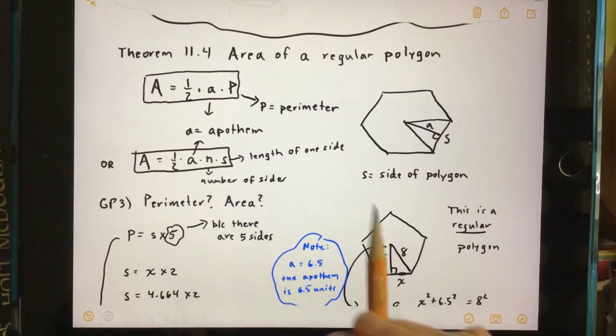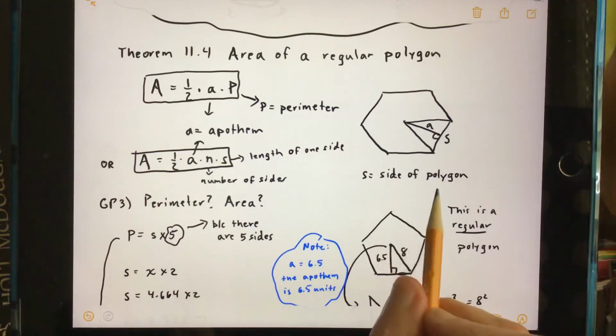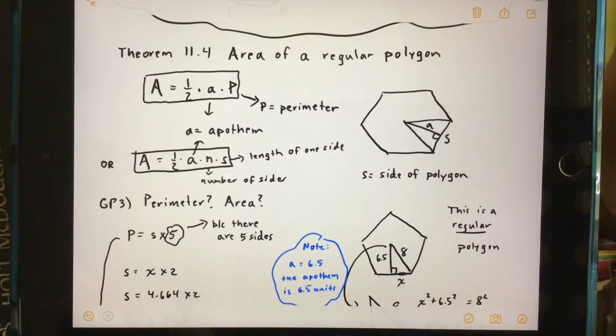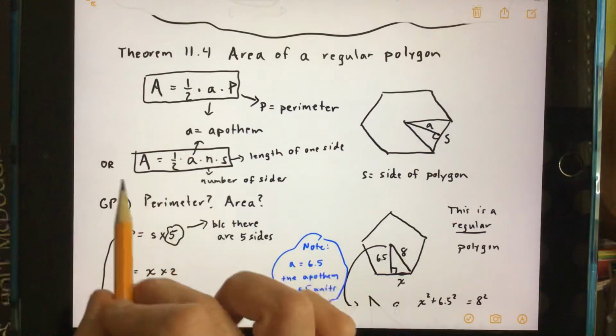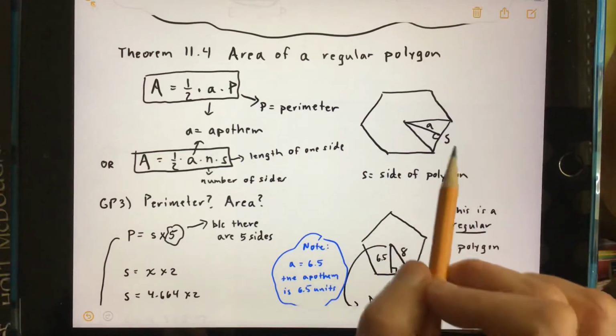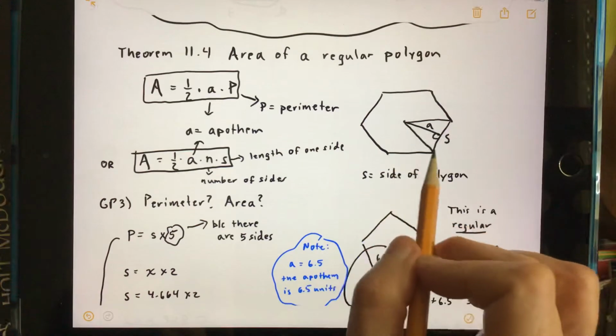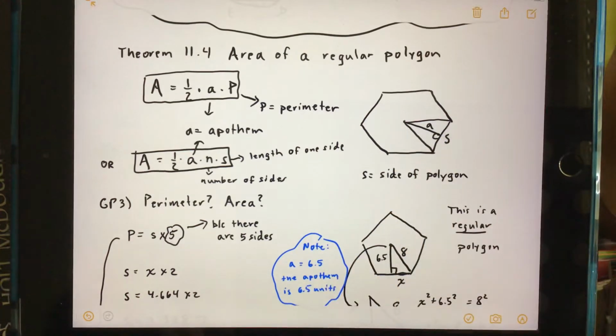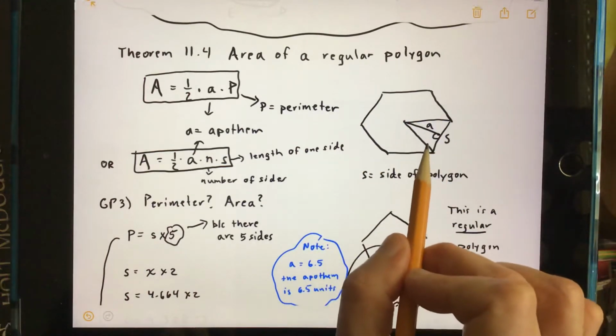So S stands for the length of the side of a polygon, and A stands for the length of the apothem. So if we look here at this formula, we can see how we can figure out the area of the entire polygon by taking one of these triangles that we can draw inside, and noticing that we could draw actually 6 triangles inside of this polygon. It has 6 sides. We could draw 6 triangles, all that look exactly like this.